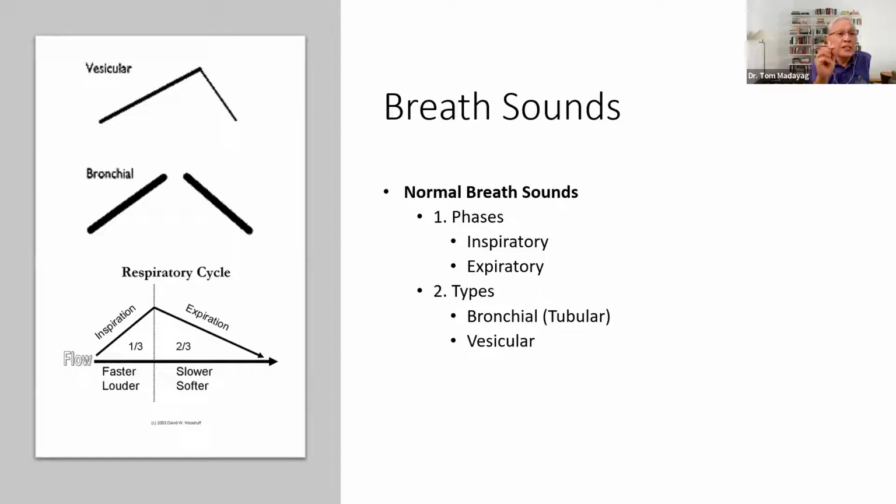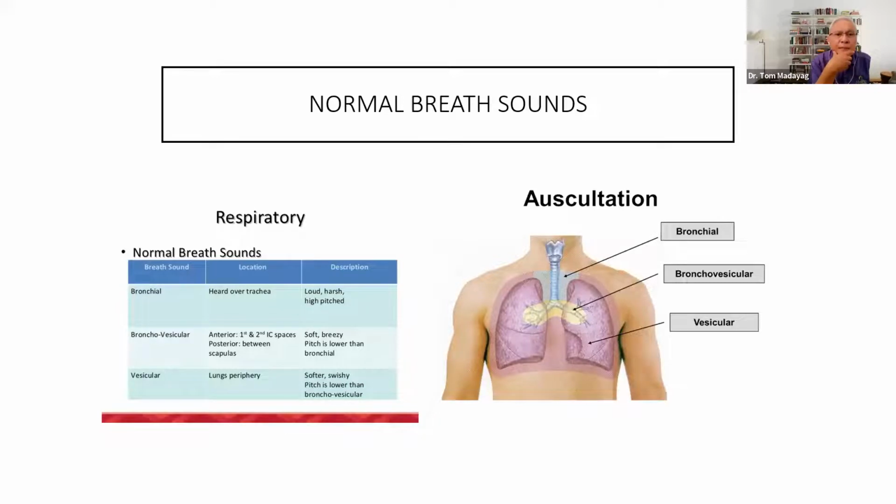The first is the bronchial breath sound, or tubular breath sound, and the other is the vesicular breath sound. So what's the difference between the two? Let us see. As I said, normal breath sounds are of two kinds, the bronchial and the vesicular.